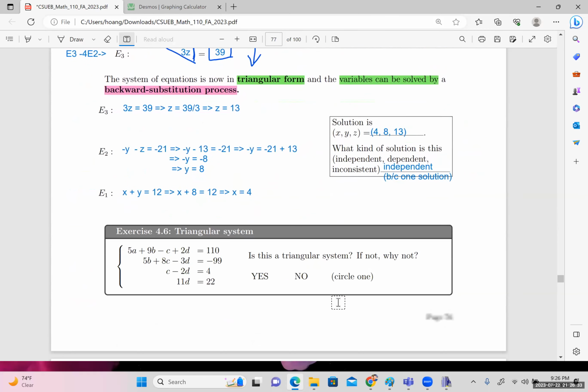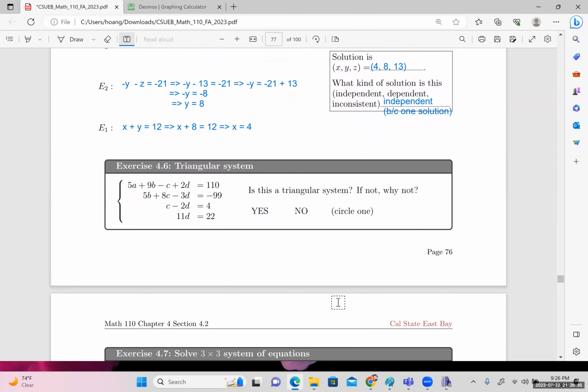Okay, and now let's have an exercise to check if it is a triangular system. So if we have 4.6 here, and on the left-hand side you draw 3 lines to bound the left-hand side, you will see this is a right triangle.